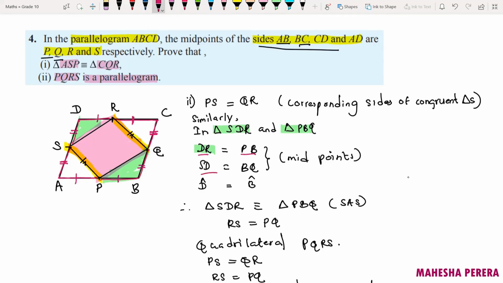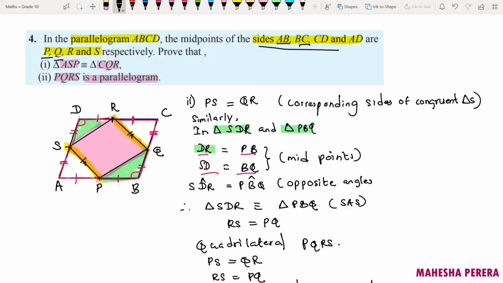This is because of the midpoints. And then these two angles are equal. What are these angles? This SDR and PBQ. Why? Because opposite angles of a parallelogram are equal.